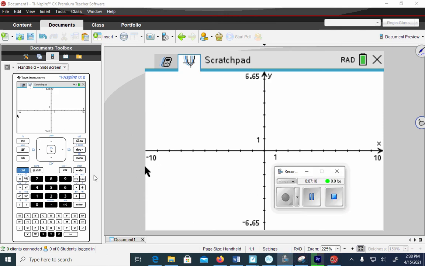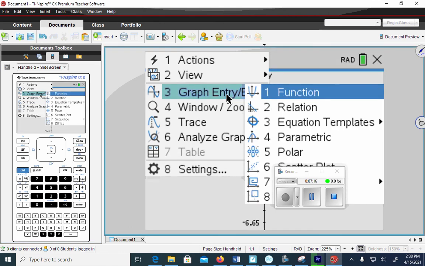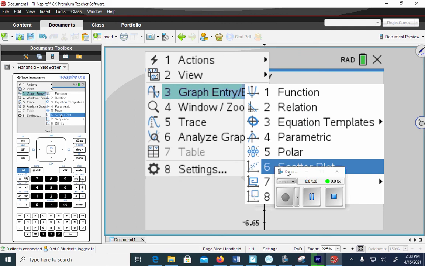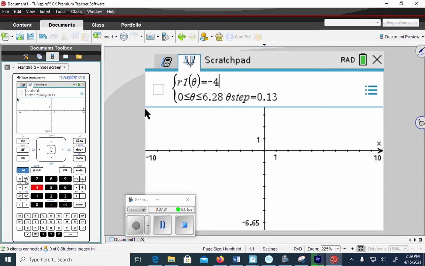okay, when I go to graph this, I picked up my calculator. I'm on the calculating page. I'm going to hit Menu. I'm going to go Graph Entry Edit, because I'm graphing in a different coordinate system, so I have to let my calculator know. And I am going to go to polar. And then it says r1. This is just like f1, f2, f3 that you're used to from function notation. I'm going to type in my equation, which is -4 sine.